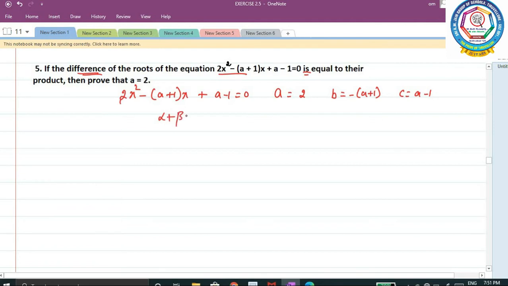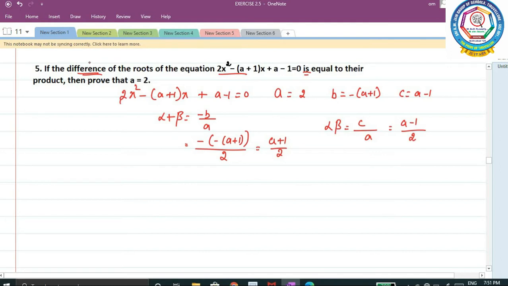From this equation we have to find the sum of roots and product of roots. Sum of roots, that is alpha plus beta, is minus b by a. So minus b is minus of minus (a plus 1), by a which is 2. So minus into minus is plus, so (a plus 1) by 2. Then product of roots equals alpha beta, which is c by a. What is c? (a minus 1) by 2.